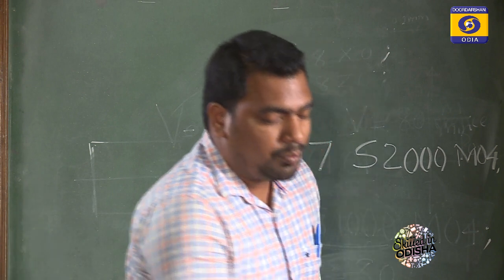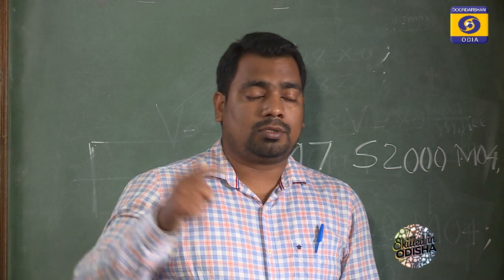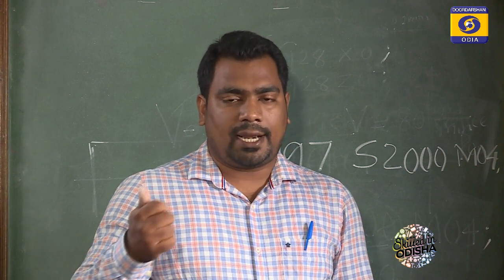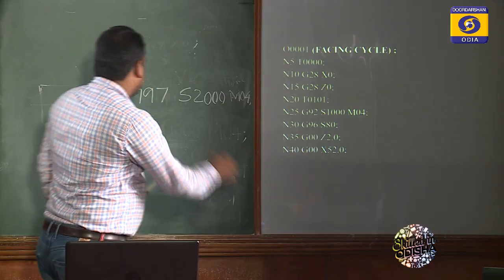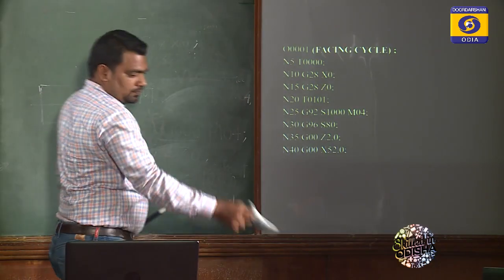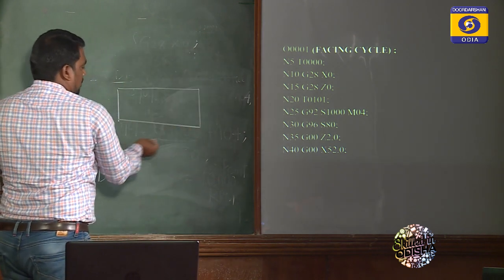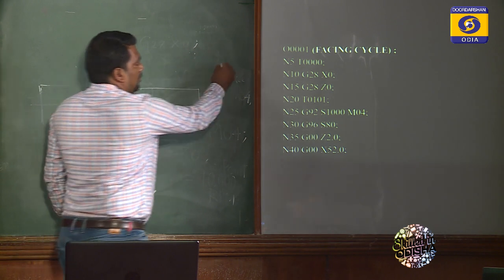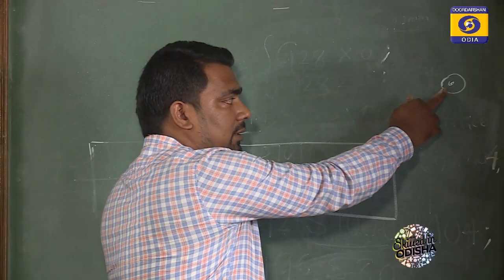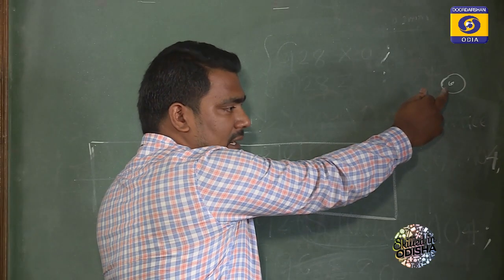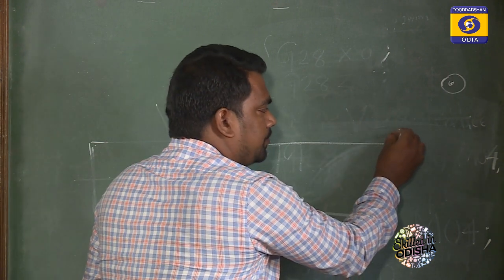Now we have to bring the machine turret from the machine reference point to the safety point. This is my machine reference point. My turret is now here. I have to bring this turret to this position.